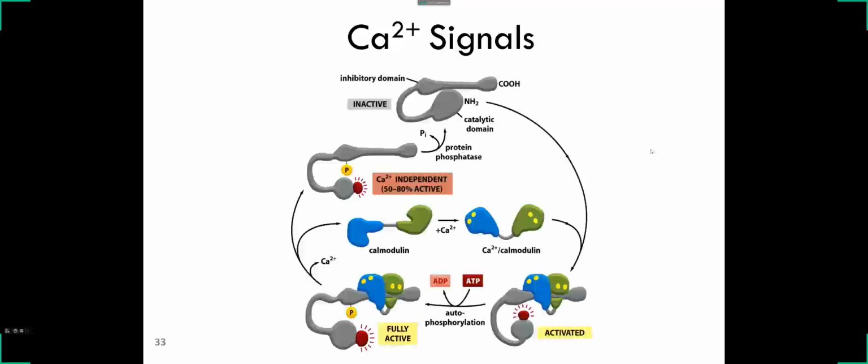Calcium signals are an important second messenger of the hormones that we're talking about, along with cyclic AMP. Calcium is sensed in the cell by calcium binding proteins, some of which include the calmodulin family. Calmodulin works by binding, very similar to what I showed you before.